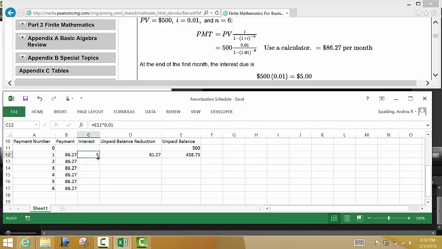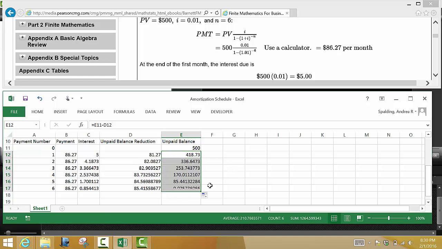What's nice here is that we can just drag this value down. It's going to fill in those spots there. We're going to do the same thing here. We're just going to drag them on down. And we'll do the same thing here. We'll just drag on down. Okay, so they'll be kind of inaccurate for a few minutes, but once you've got everything filled out, we should be good.